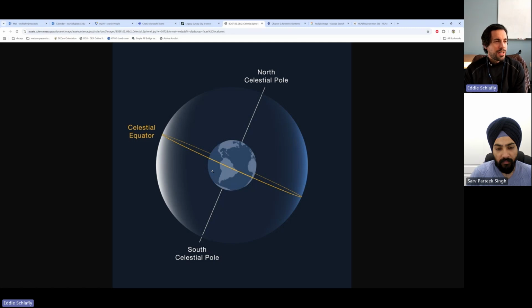I'm worried that I'm going to get wrong how we defined it, but the flavor is that 0 right ascension is the right ascension that the sun is at on the vernal equinox. So if you wait until March 21st, and you look and see where the sun is in the sky, that's what defines right ascension 0.